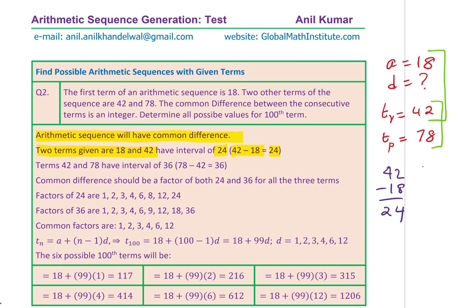Similarly, what is the difference between 78 and 42? Well, 78 minus 42 is 36. So we get the interval between 78 and 42 as 36. Now what are we looking for? We are looking for the common factors between 24 and 36.